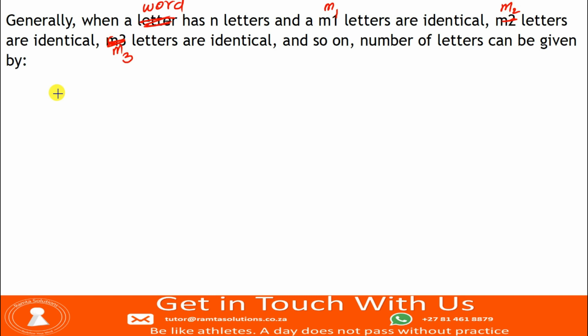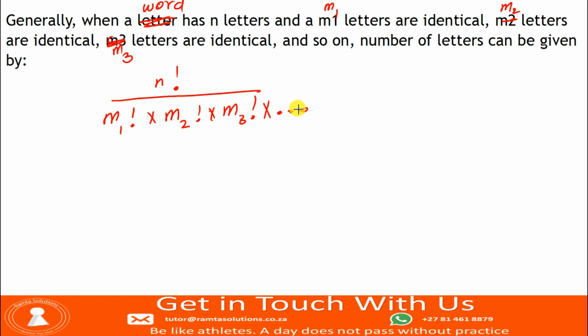When a word has n letters and M sub 1 letters are identical, M sub 2 letters are identical, M sub 3 letters are identical, and so on, the number of arrangements can be given by n factorial over M sub 1 factorial multiplied by M sub 2 factorial multiplied by M sub 3 factorial multiplied by, and so on.